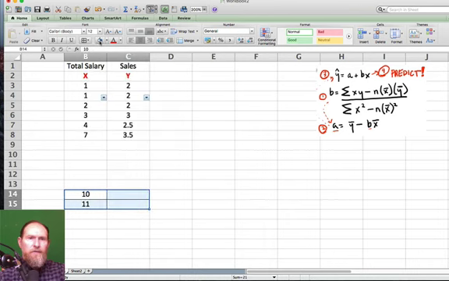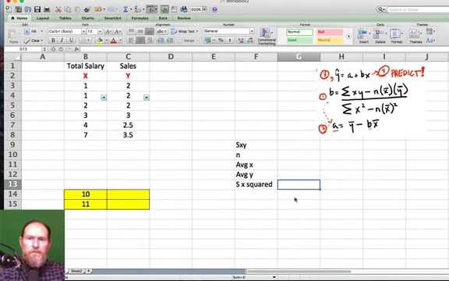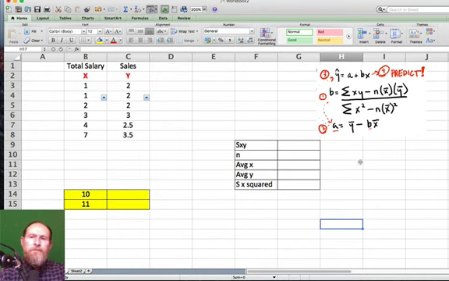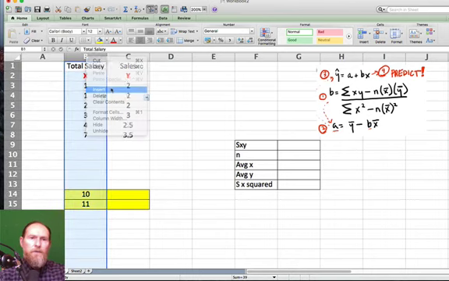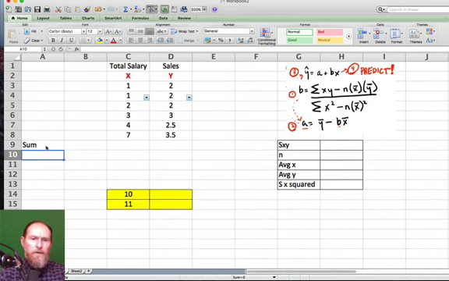Just to run through it: sum of x, y, n, average x, average y, sum of x squared. Okay, create my XY column.